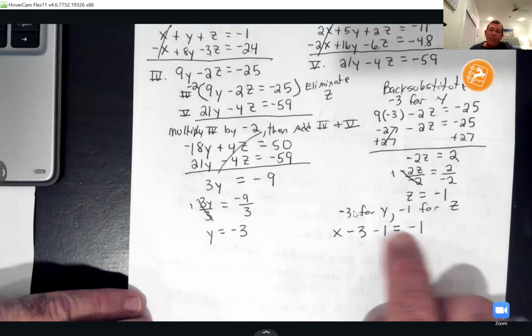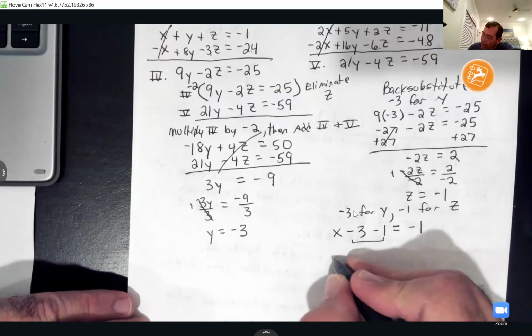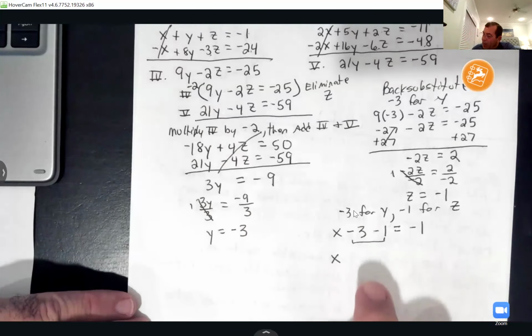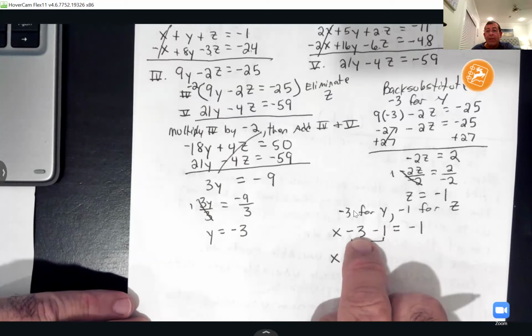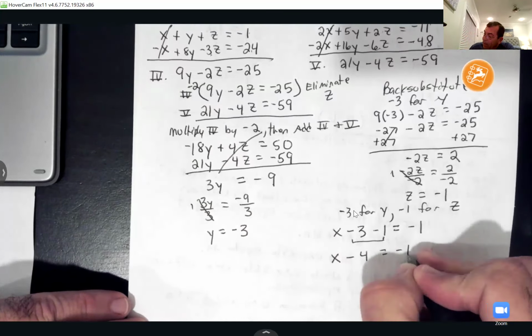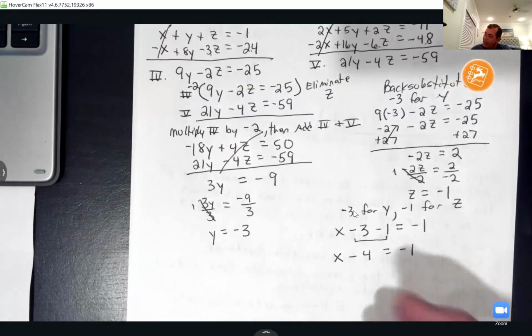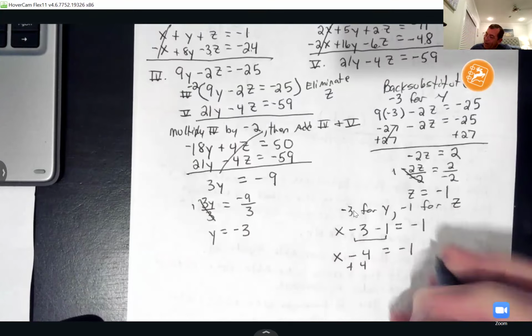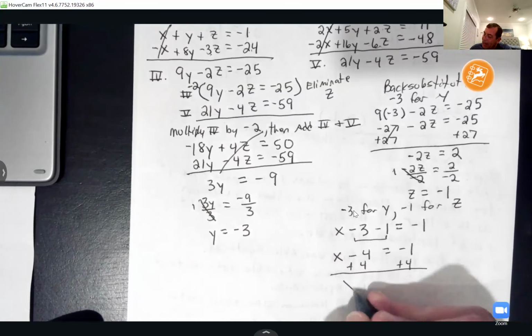So this is the one that's going to be different because I'm going to add those two together first. So anytime you plug in two variables, you're going to have a little bit of combining like terms. So a -3 minus 1 is a -4. And y'all, last step, we're going to have to move that -4 by adding 4 to both sides. So I get my x.